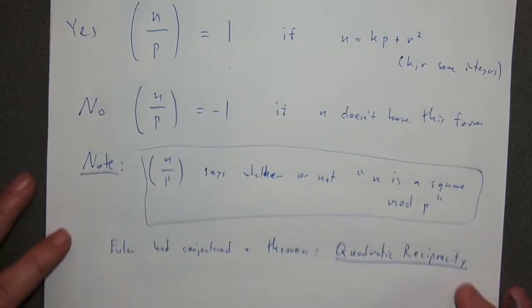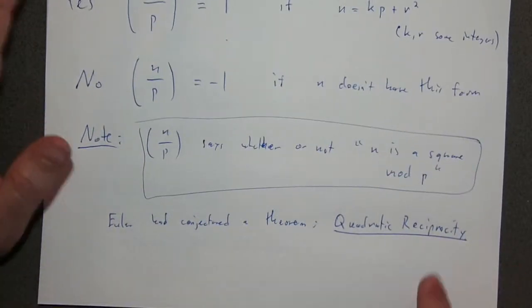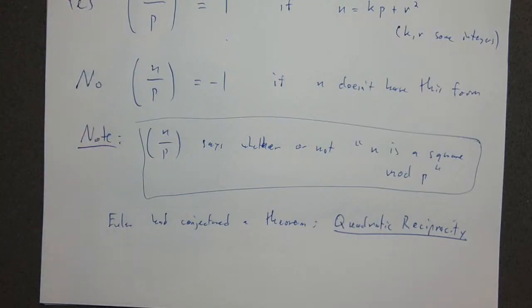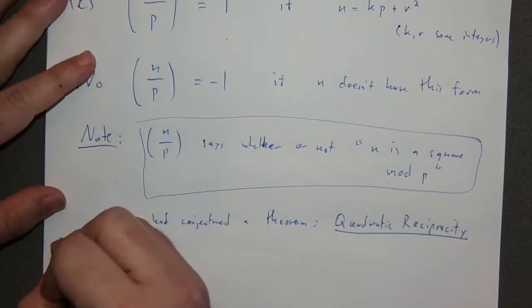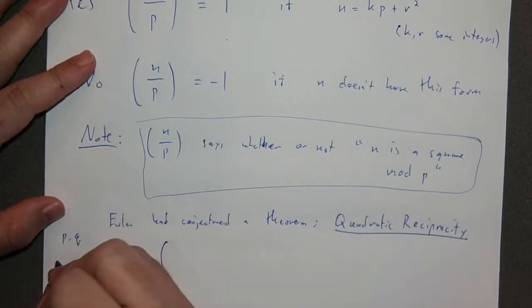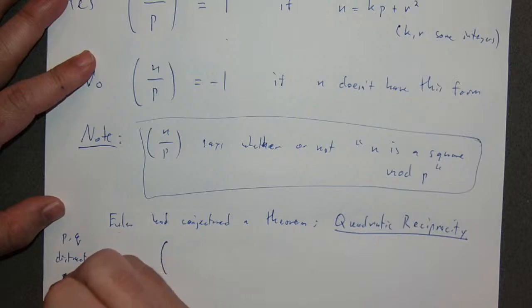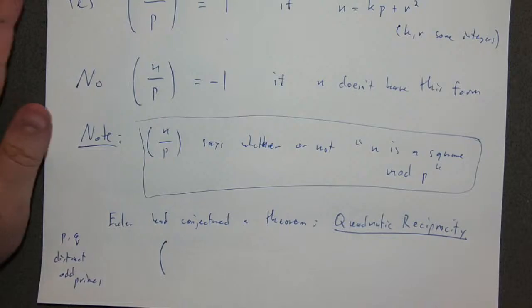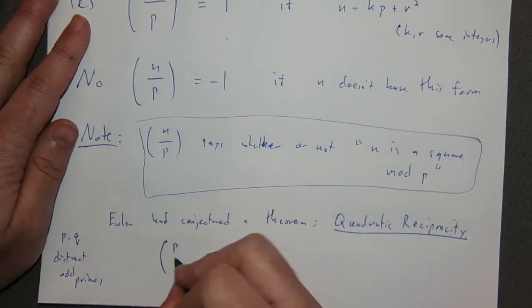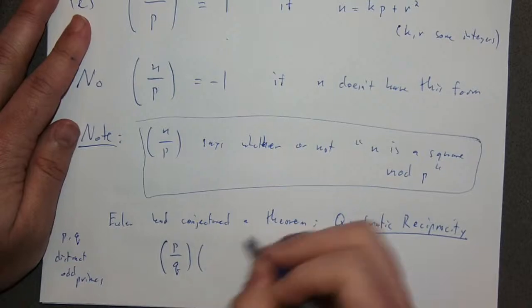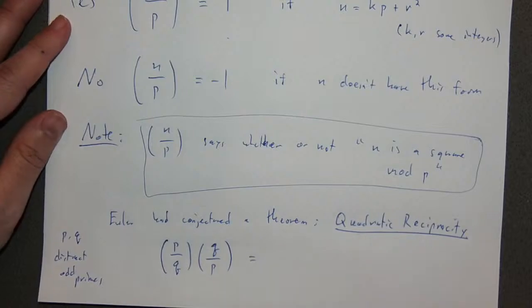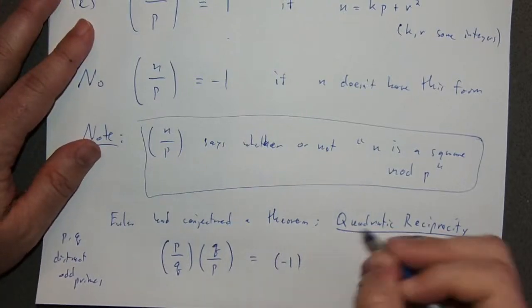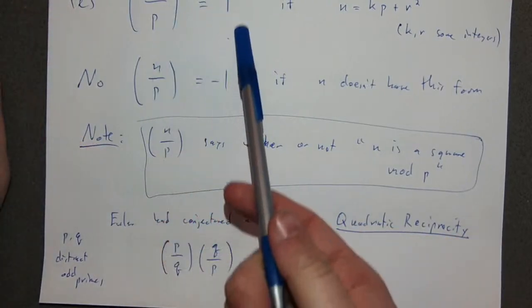And what does quadratic reciprocity say? Quadratic reciprocity says that if P and Q are distinct odd primes, then if I multiply the Legendre symbols P over Q and Q over P, it's always either 1 or -1, right?